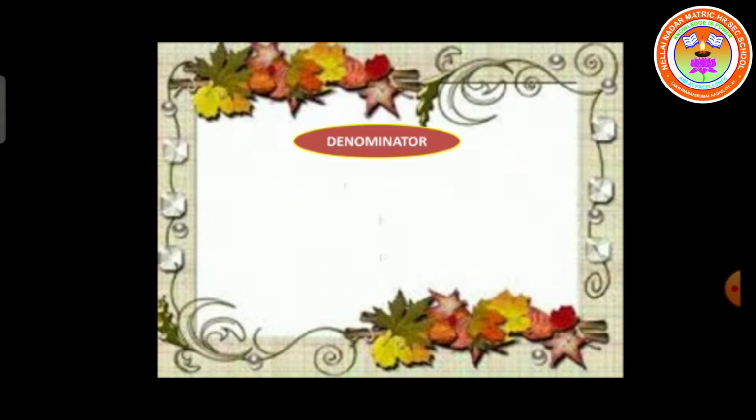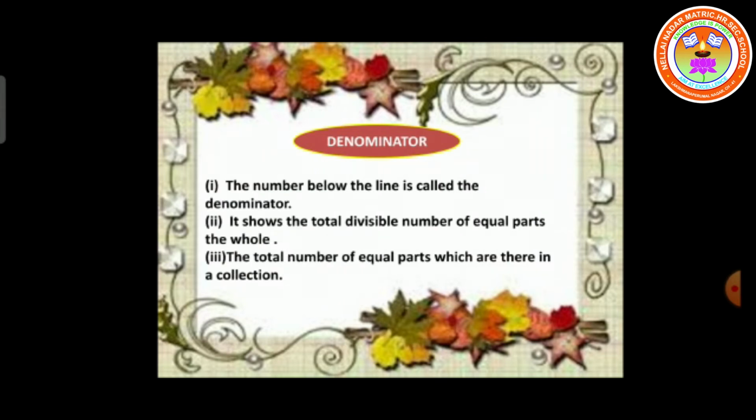Then denominator. The number below the line is called the denominator, and it shows the total number of equal parts of the whole. So the numerator is the shared one and the denominator is the total one.